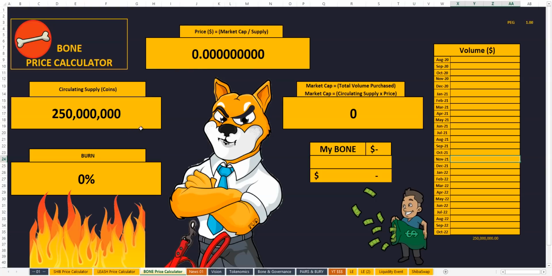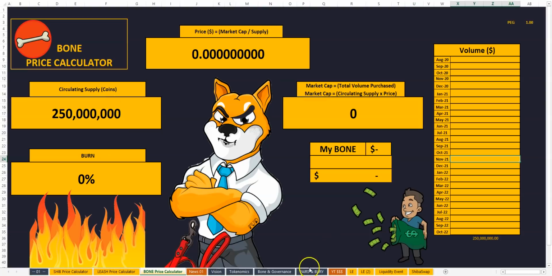So currently Bone hasn't started being minted yet, so obviously it has no price, but it will have a maximum supply. Once all of it has finished being minted, it's going to have a maximum supply of 250 million.